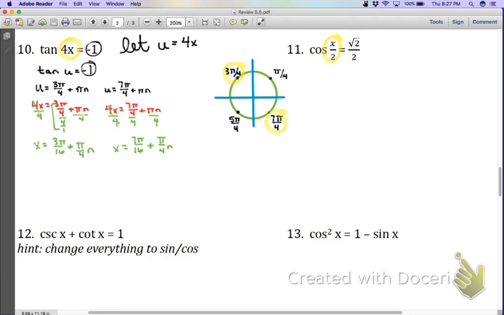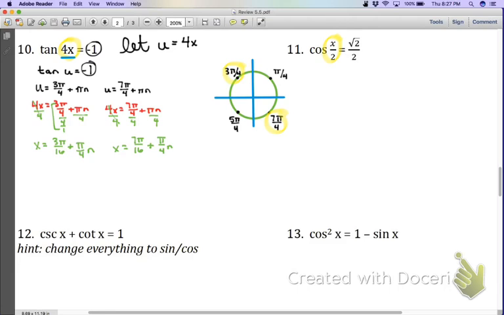So for each of these, remember when we were graphing these, all this did was change the period length. So we know that it's going to go to 2 pi, so now we just start plugging in values for n. There's really not a time when you know how many there will be.